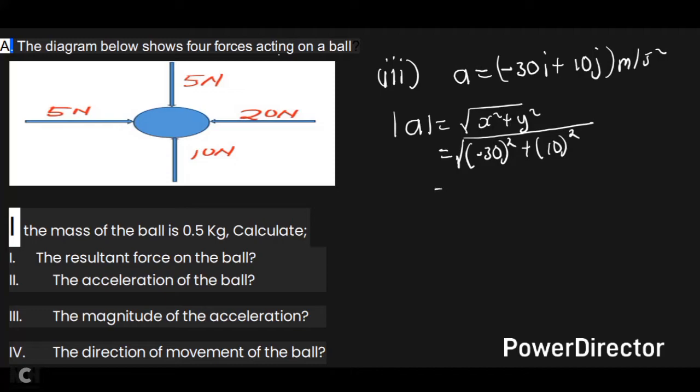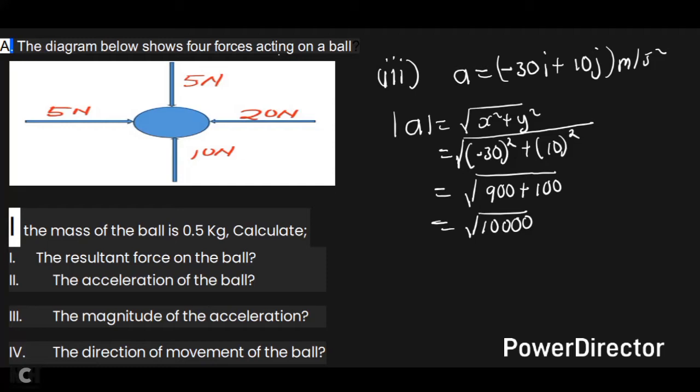So you find 900 plus 100, then you end up with 1000. We have to find the square root of that, and the answer is given.